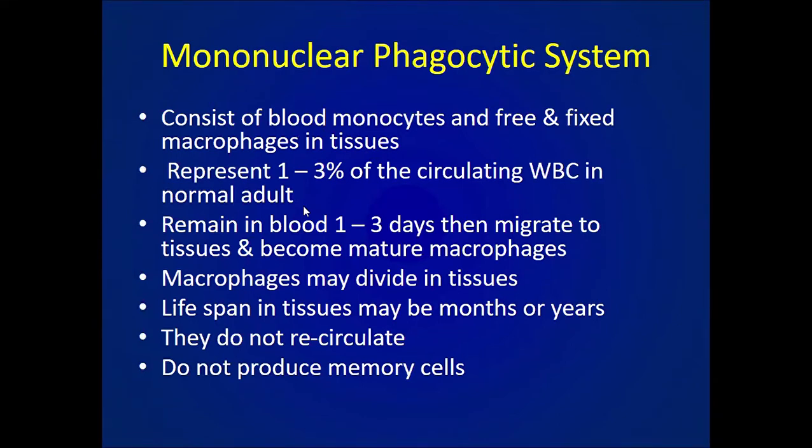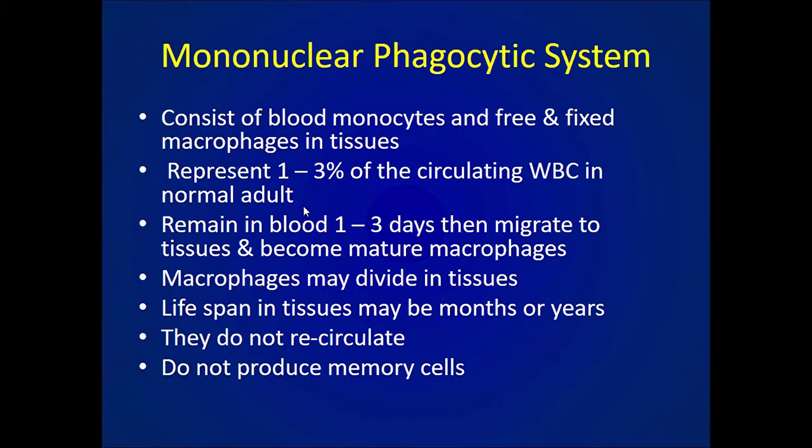They represent about 1 to 3% of the circulating white blood cells in the normal adult. And please take note that they stay only in the blood 1 to 3 days, and then they migrate to the tissues and become mature macrophages. And it is in the tissues that these macrophages divide and mature.